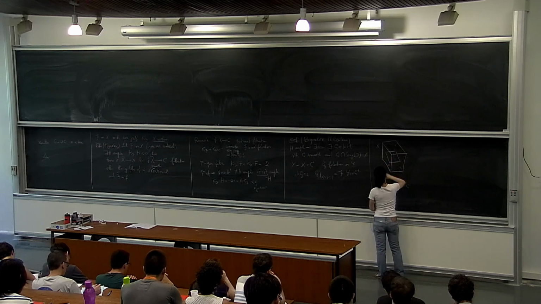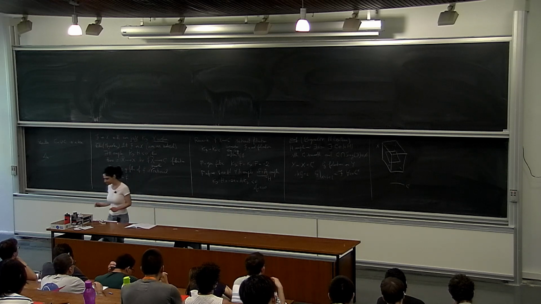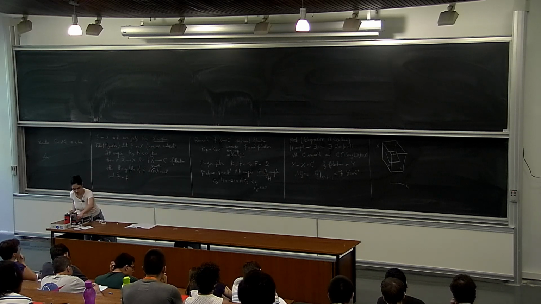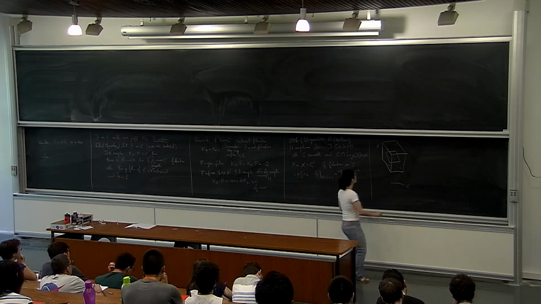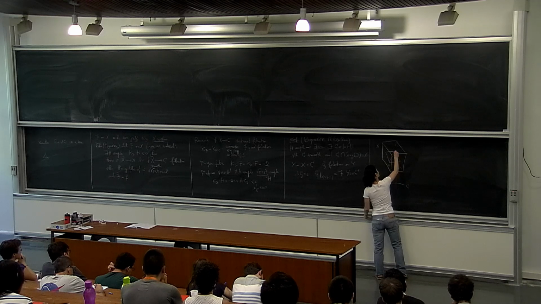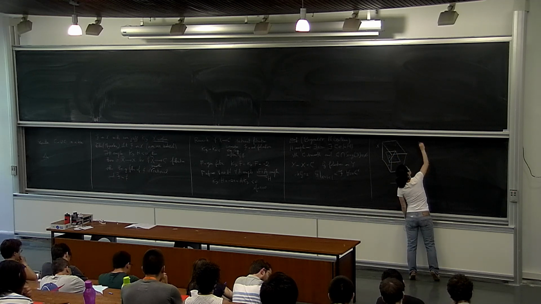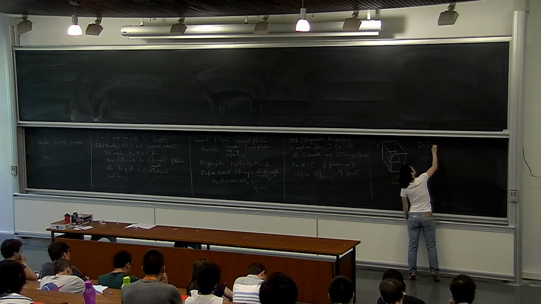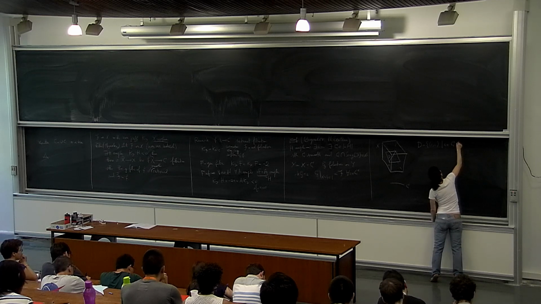So this is C times C, and in here we will take the diagonal, and I will call it D. So D is the set of pairs (c, c).